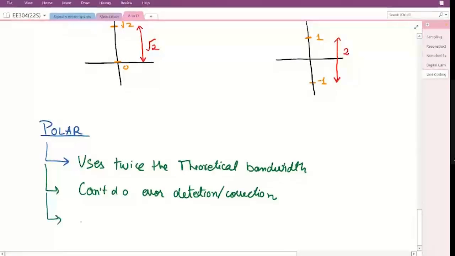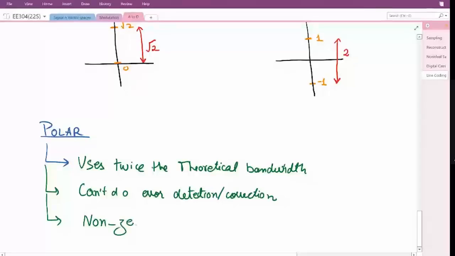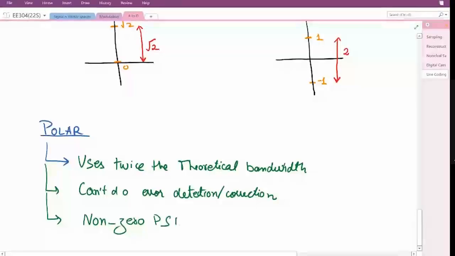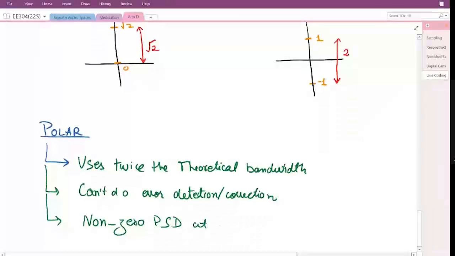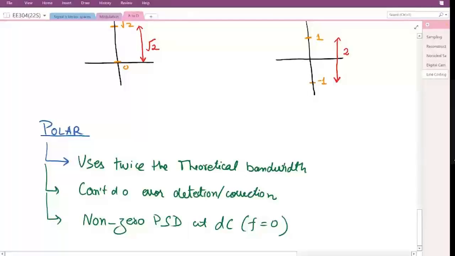And it has non-zero PSD at DC, that is, frequency f equal to 0.